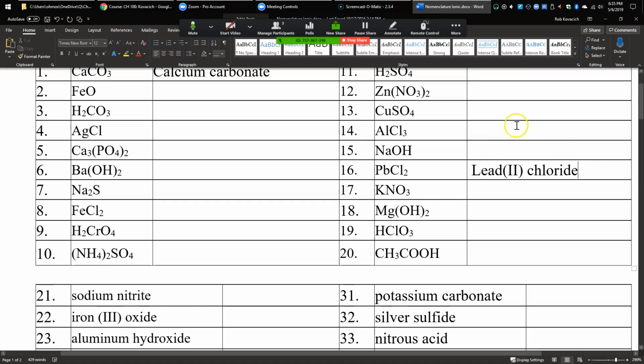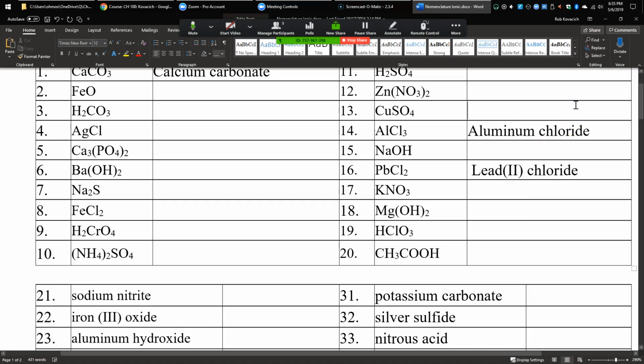Okay, so how about 14? Aluminum chloride. Oh, is it aluminum 3 chloride? Nope, that doesn't vary. It's not in that transition metal section.